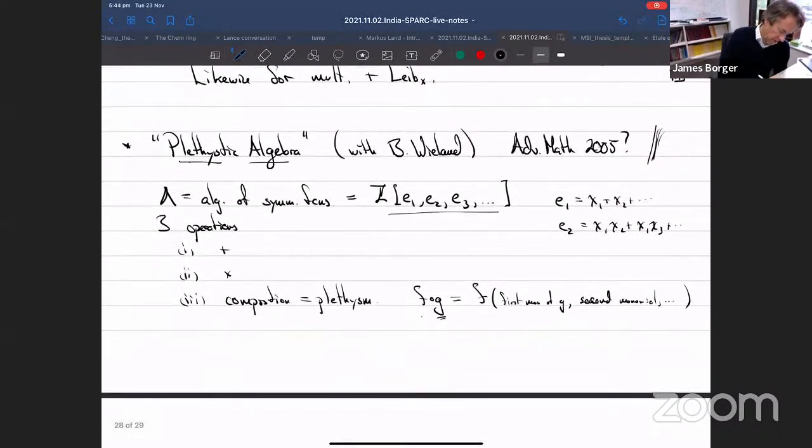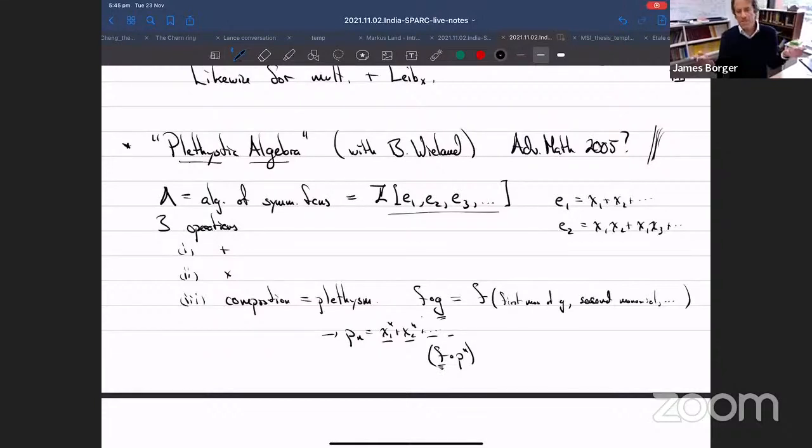So here's a good example. If you have power sums, Pn is x1 to the n plus x2 to the n, and so on. Then if you take f composed with Pn, you take all the monomials of this function and substitute them into the arguments of f.